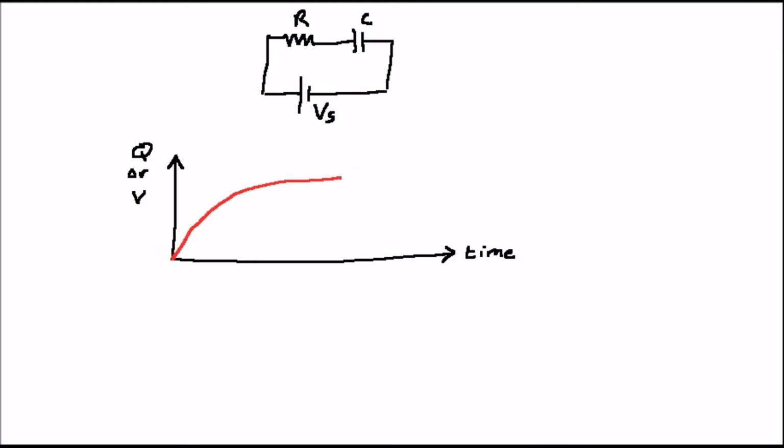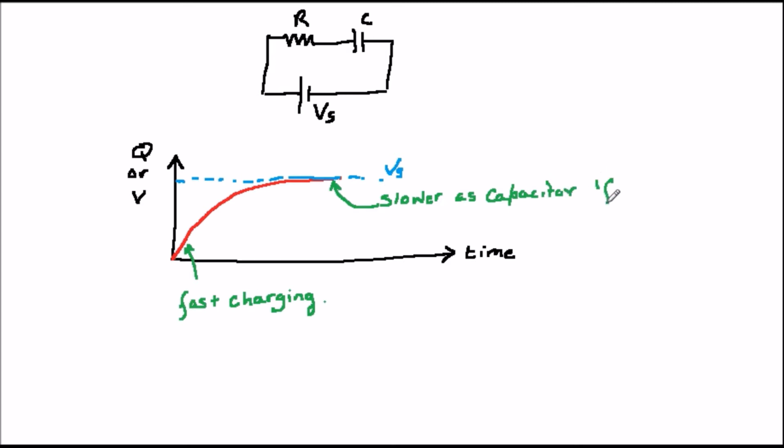As the voltage on the plate gets higher, electrons find it more difficult to flow into the negatively charged plate because the electrons already on that plate repel the new arrivals, and so the rate of build-up of charge decreases, and eventually the voltage on the plates approaches the battery voltage connected to them.